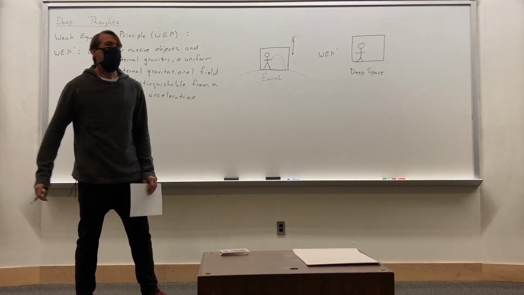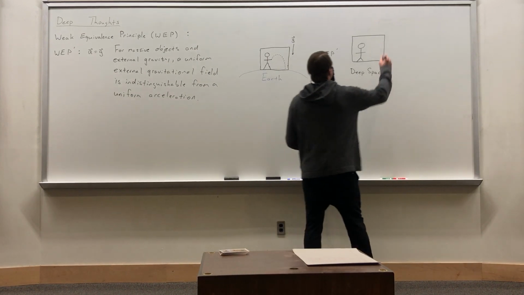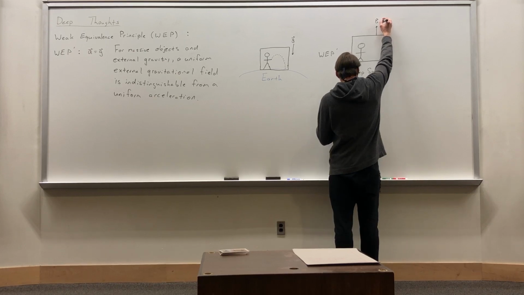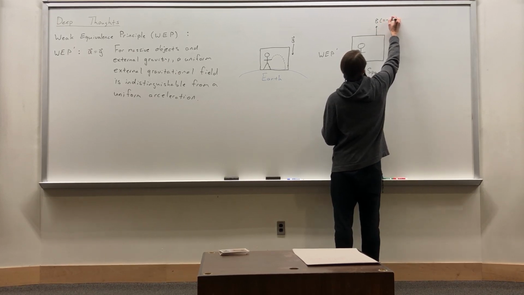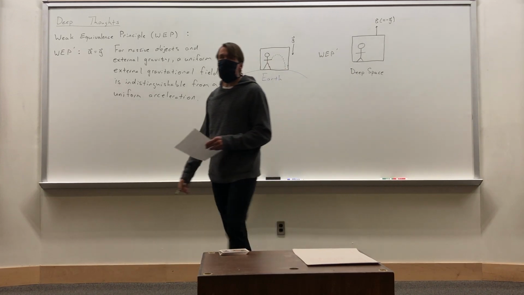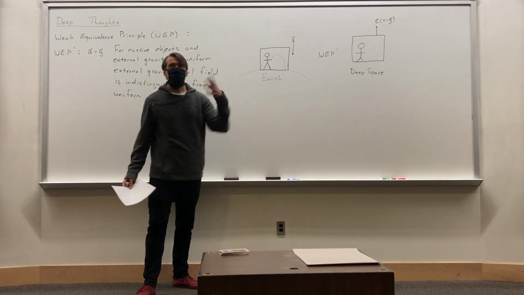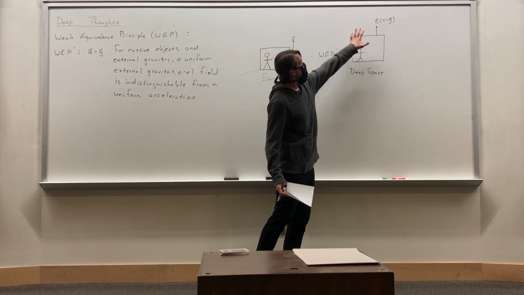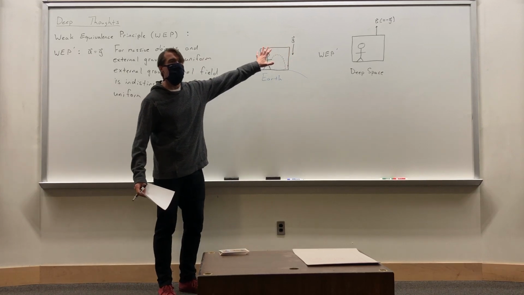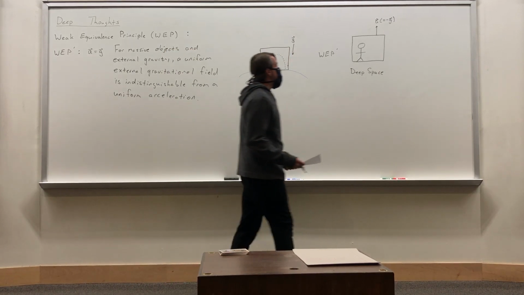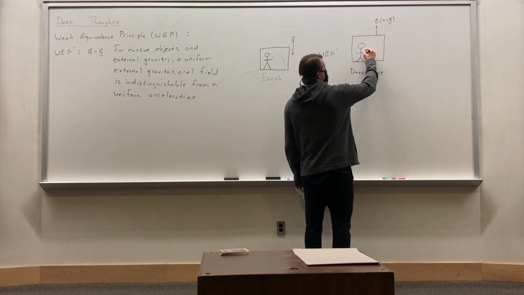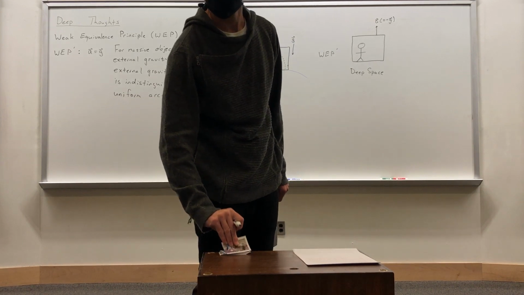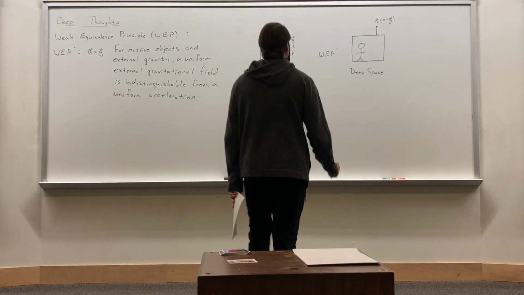And I take the lab and I give it an acceleration, in this case in the upward direction, which is coincidentally equal to minus g. The gravitational field has dimensions of acceleration, so obviously I can swap out a and g. So we're accelerating in the opposite direction from the gravitational force. But if we, in this instant, take a ball and throw it up, what will it do? Let me ask a person. Skylar, what will the ball do if we throw it up in this situation?